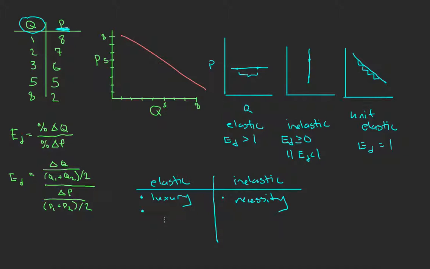Another thing that makes something more elastic is a longer time period. The reason for this is that consumers have time to adapt. Maybe their income goes up or down. Some new reasons come along for buying the good or service or not buying it.